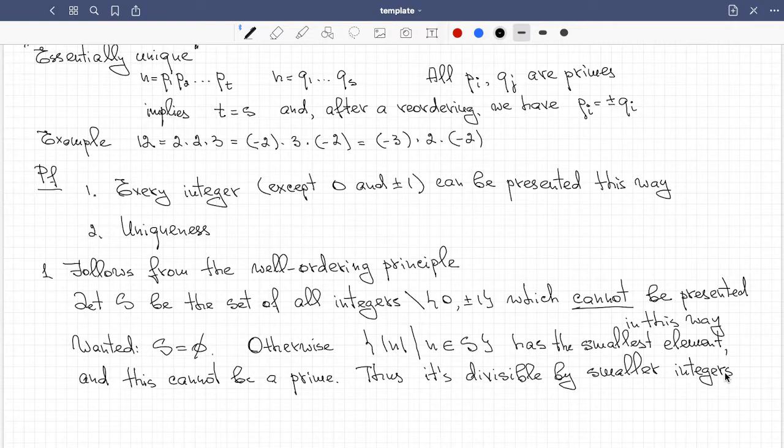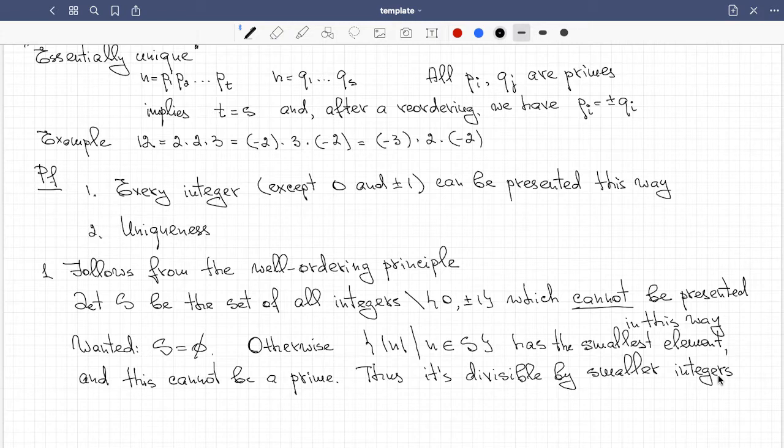We present this element as a product of smaller numbers. If these smaller numbers cannot be presented as products of primes, then this is not the smallest element.